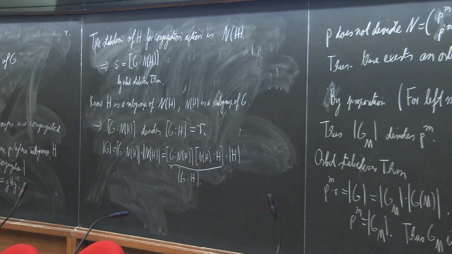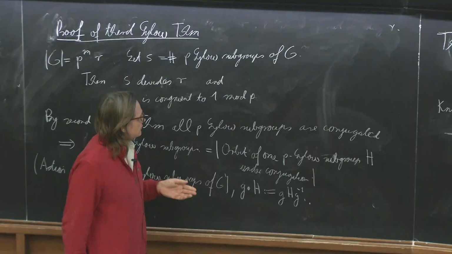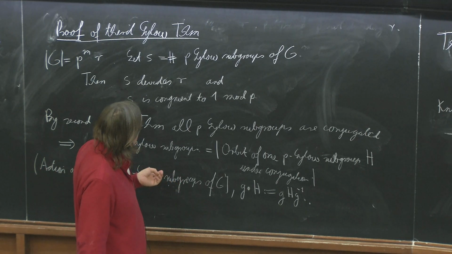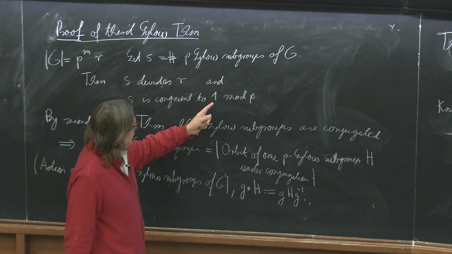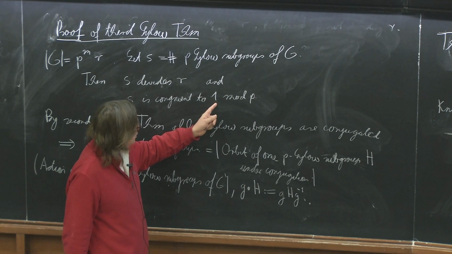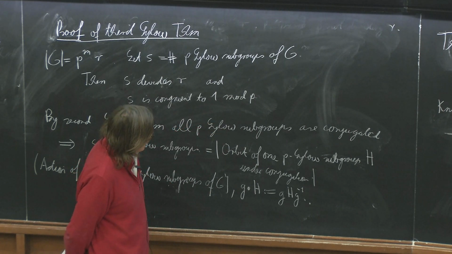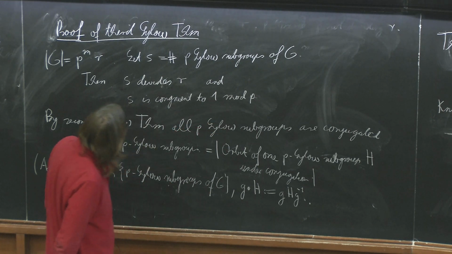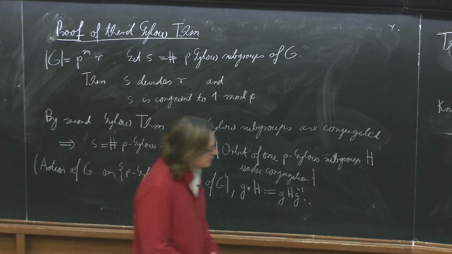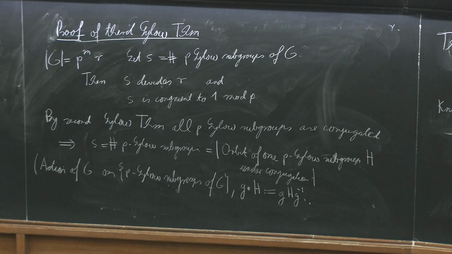So we want to find an action of a group with P to the M elements, a power of P, on these P pseudo subgroups, such that there's one orbit which has only one element, and all the other orbits have a number of elements divisible by P, so the total number of P pseudo subgroups must be congruent to 1 mod P. So let's do this.